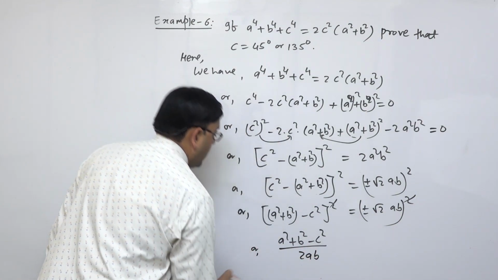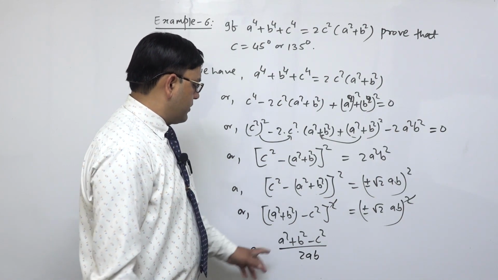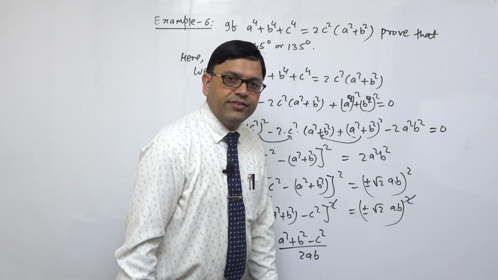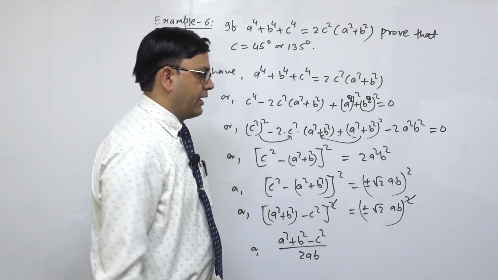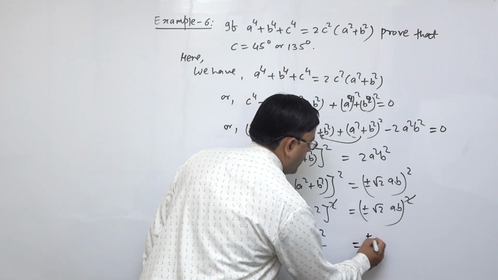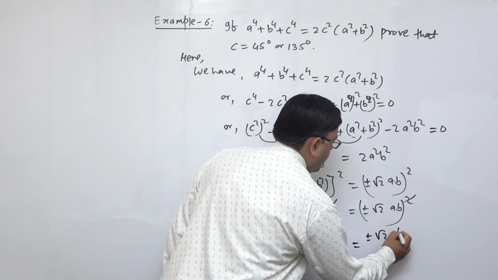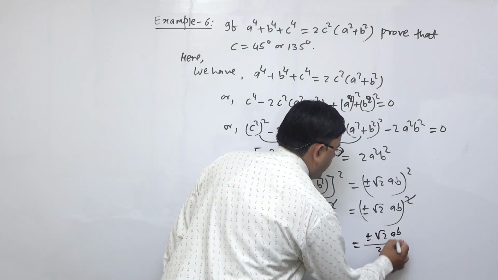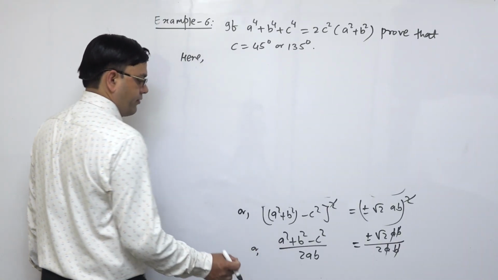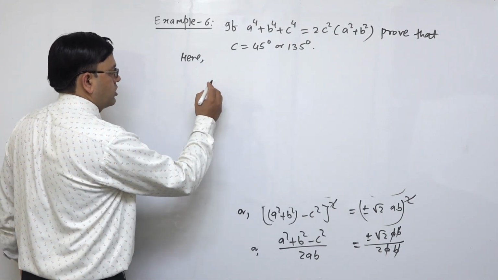Why did we divide here, students? Because we have the formula a square plus b square minus c square by 2ab, we can use the formula here. We have to divide here also root 2ab by 2ab. So we can cancel b, we can cancel a. And the formula of this one is cos C. This is the cosine law.